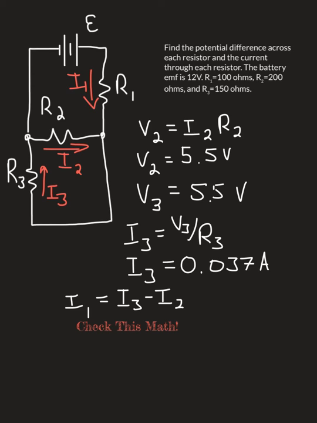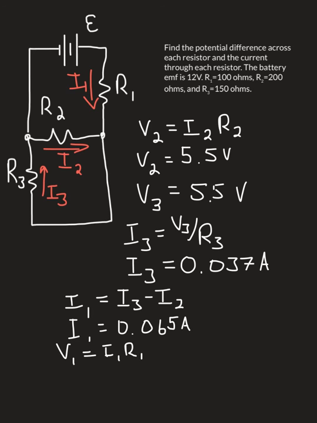Remember when we solved for the current through resistor 2, we got a negative value. You need to keep that negative sign so that we will have the current through resistor 3, 0.037 amps, minus a negative 0.028 amps. The result is that the current through resistor 1 equals 0.065 amps.